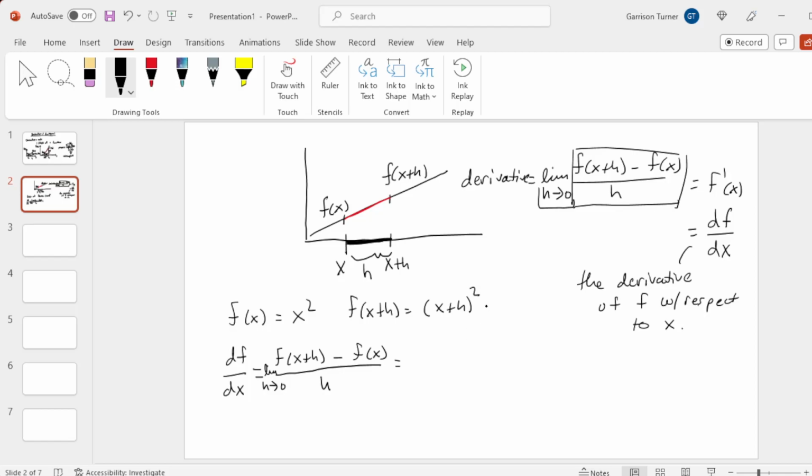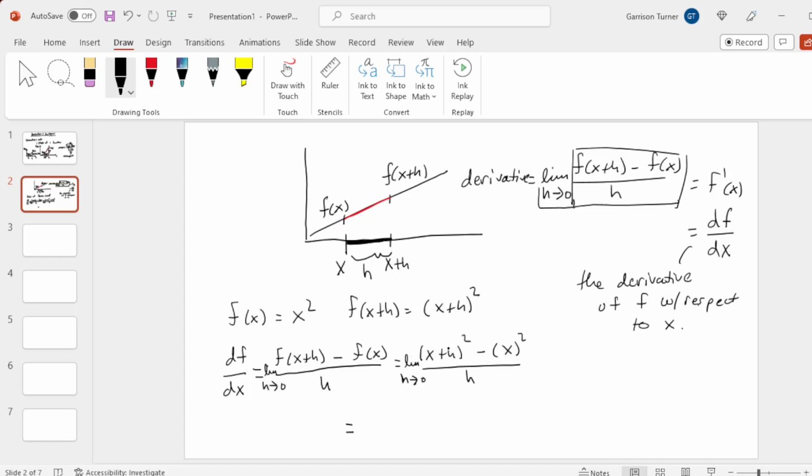Whether it is squaring something, multiplying something by a constant, taking the square root, whatever the case may be. Okay? So this is going to be x plus h quantity squared minus x squared, divided by h in the limit that h goes to 0.